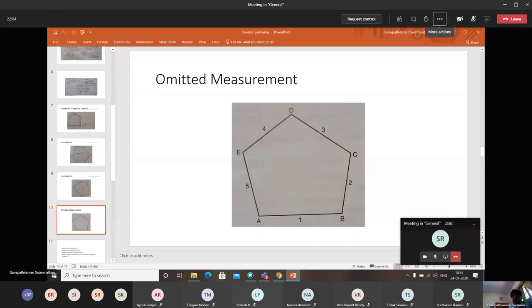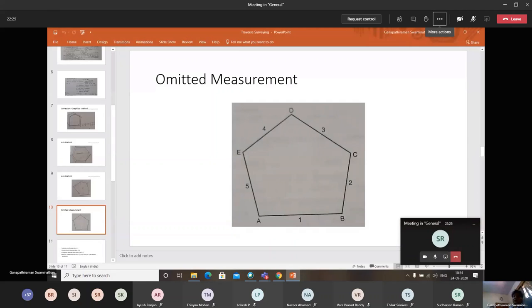So what happened? A, B, C, D, E. ABCDE is a pentagon. 1, 2, 3, 4, 5 sides are there. And on this fifth side EA, suppose some measurement I have not taken. I have omitted the measurement. Either I have not taken a bearing, or I have not taken the length of the line.